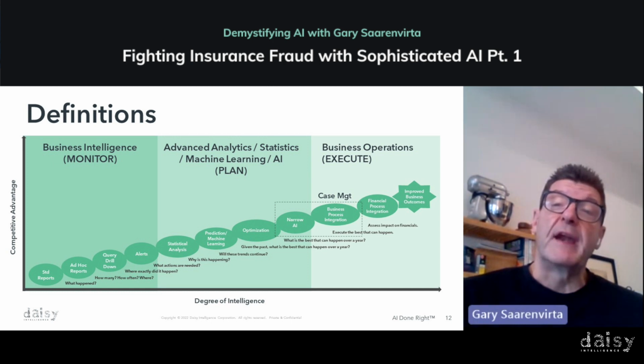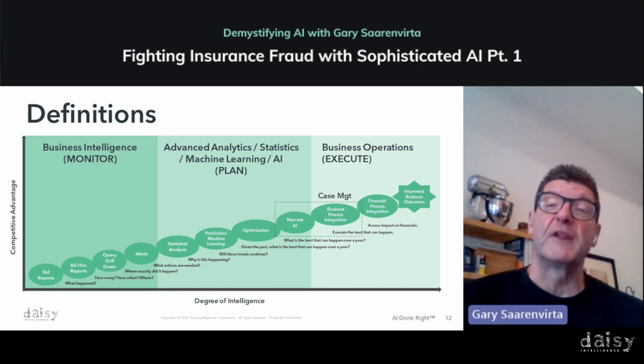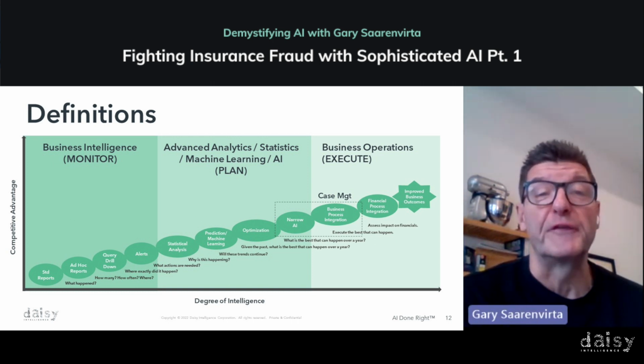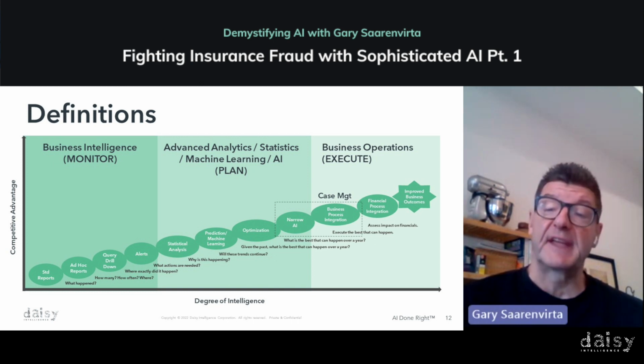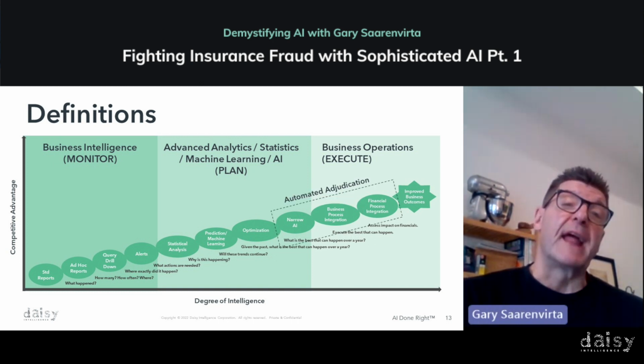Now, if we integrate narrow AI in a business process, maybe in a case management tool in insurance, that's some of the workflow. You want to be able to execute on the recommendations of AI, be that automated or be that surfacing AI recommendations to adjudicators and fraud investigators. And ultimately, you want to integrate that into your financial processes.